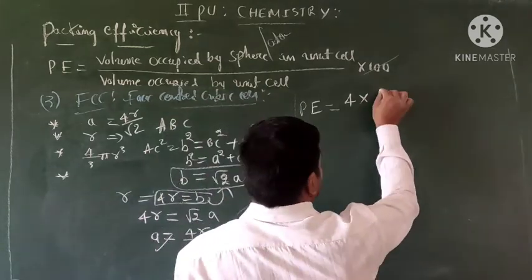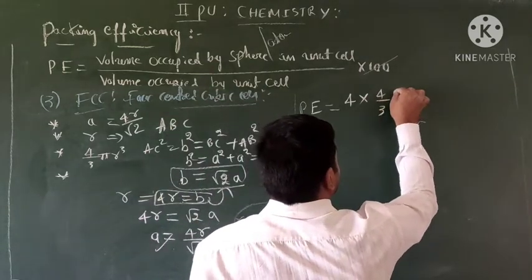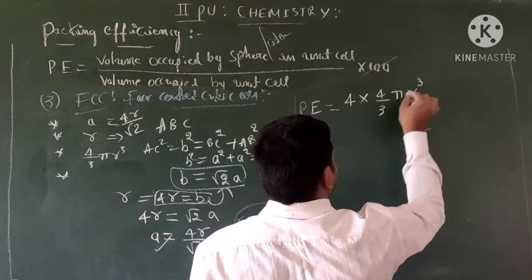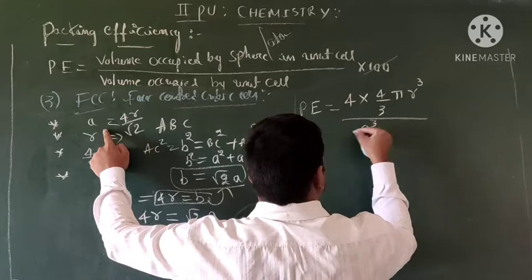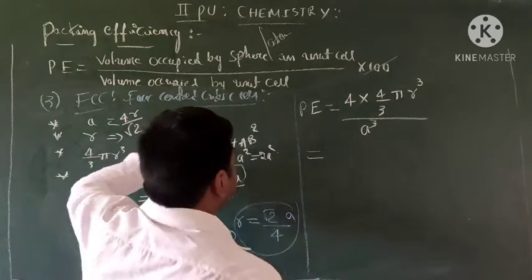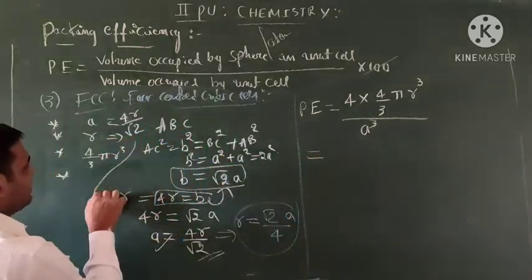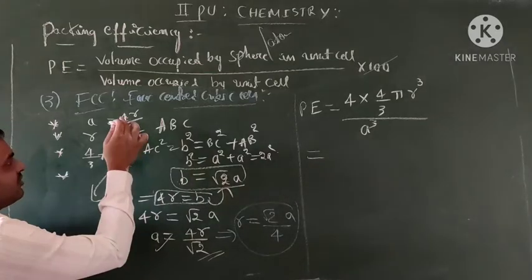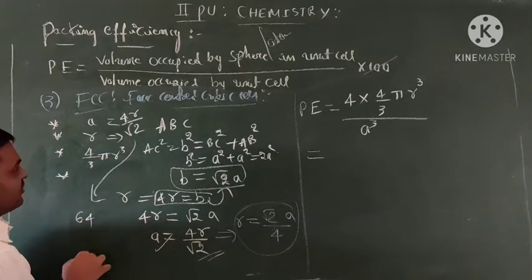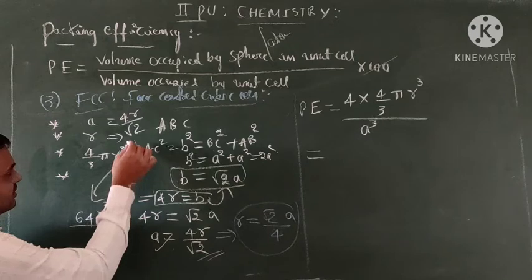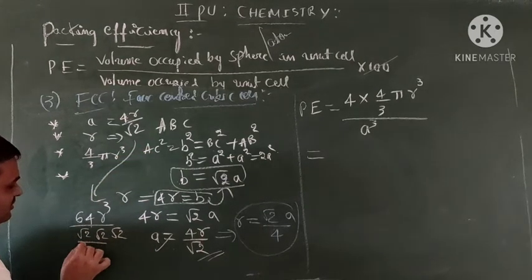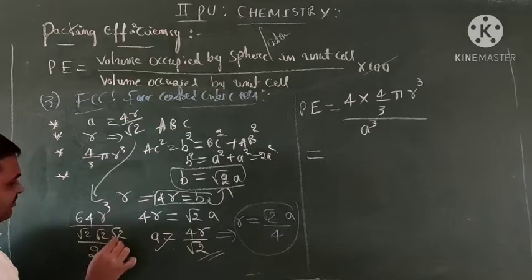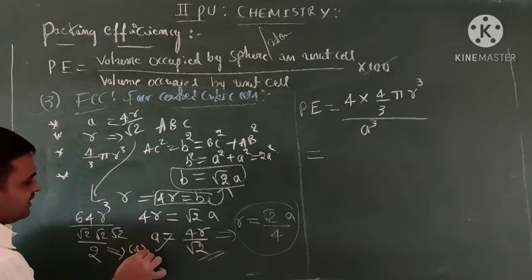We already know the value is 4 by 3 pi r cube divided by A cube. Substitute the A cube value. A cube means we can write 4 into 4 into 4, which is 64 r cube, and root 2 root 2 root 2, which is simplified by 2. So we can write 64 r cube divided by 2 root 2.